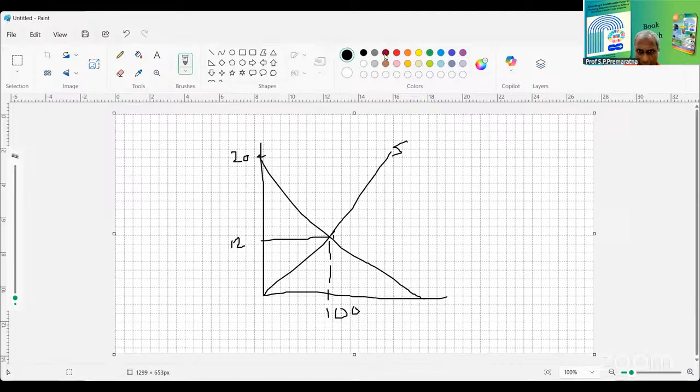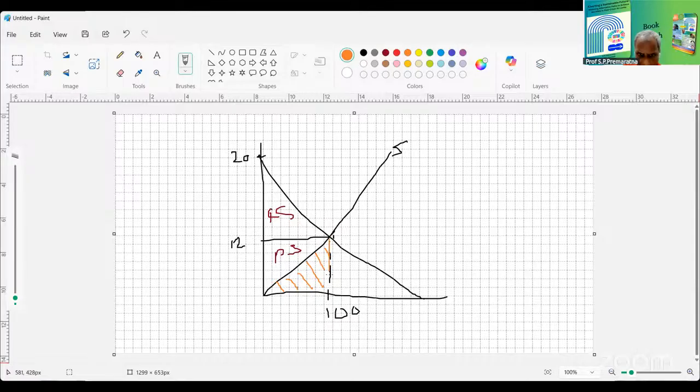Now what we learned: this part is consumer surplus, this part is producer surplus. Another area is also very important to understand, this area. I think in the last lecture I introduced this area.